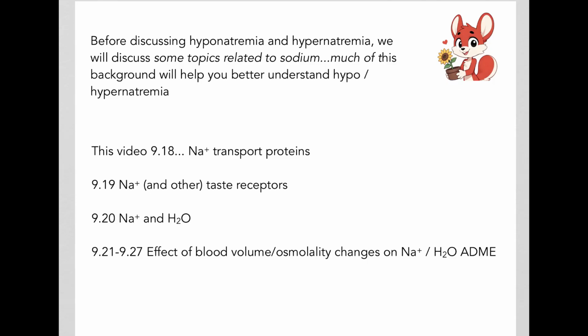And one of the most important things that we need to understand when we look at sodium is why does our blood sodium level go down? Or why would the blood sodium level go up? Hyponatremia as well as hypernatremia.